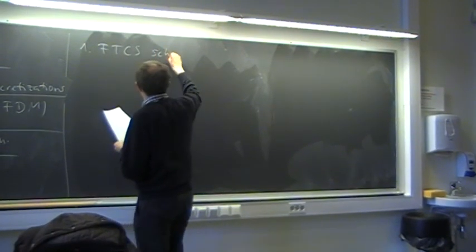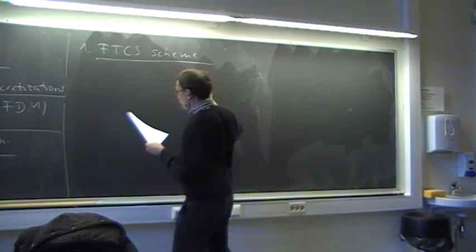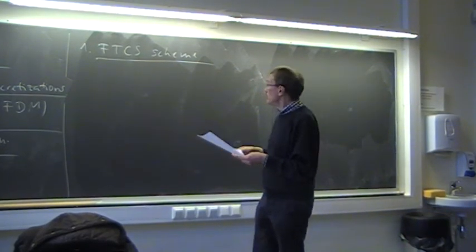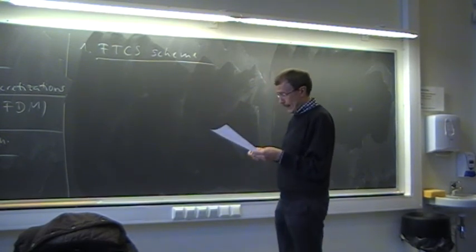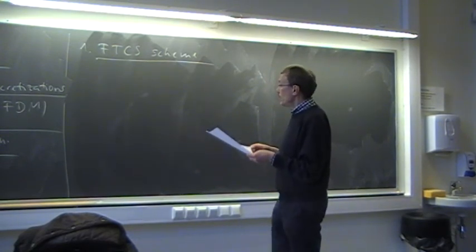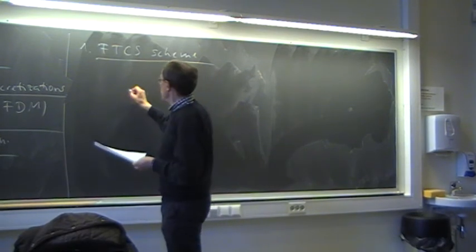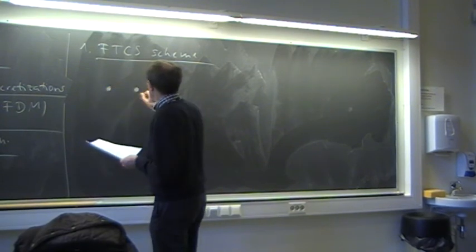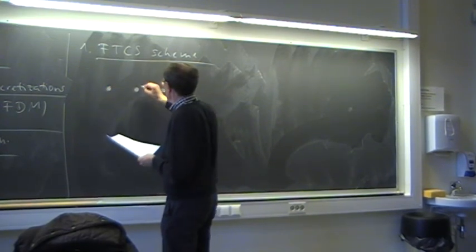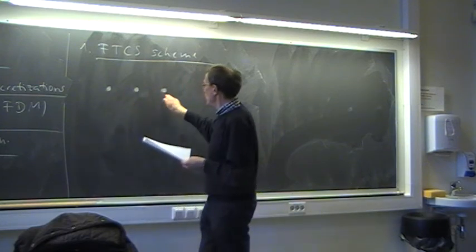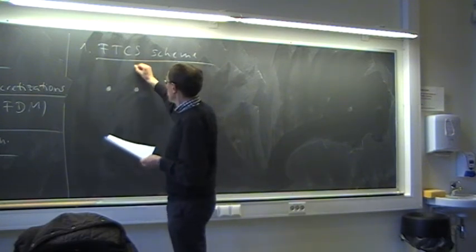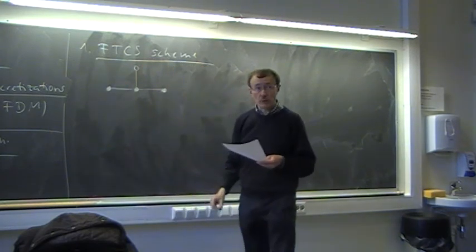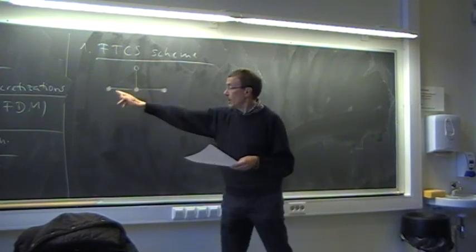Instead of writing the scheme, I just give you the difference molecule, the stencil of the method. If we have the j minus 1 and j plus 1 at the old time level, we determine the value at the new time level at j by using the values at the old time level at j and its neighbors.